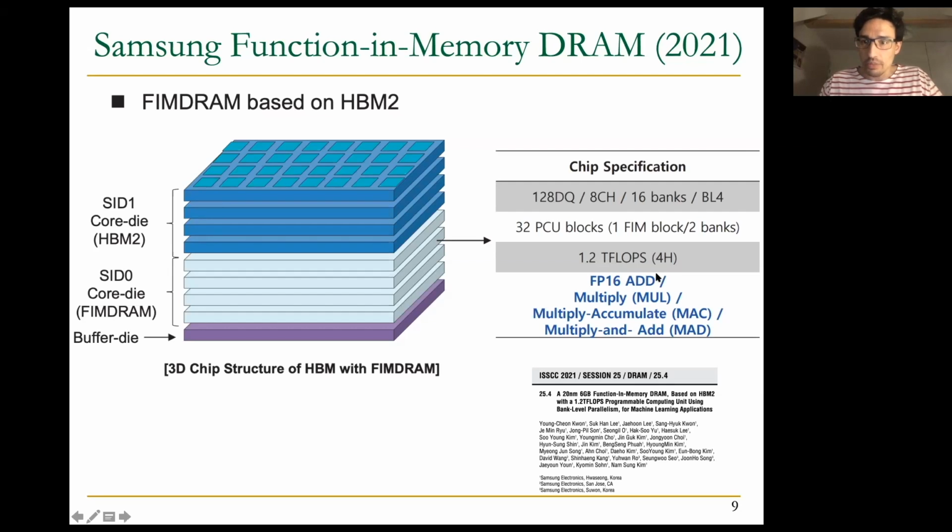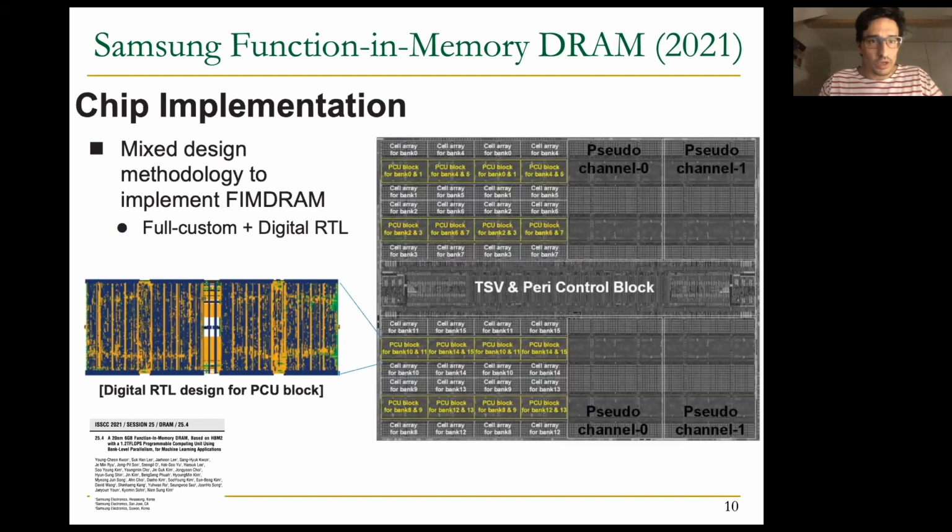Here, in particular, we can only operate on 16-bit floating point operands, and the operations that we can perform are essentially addition and multiplication, or multiply-accumulate, or multiply-add, which essentially is the same as a multiplication and an addition in a single operation, in a single cycle. Here you can see a little bit more about this design.